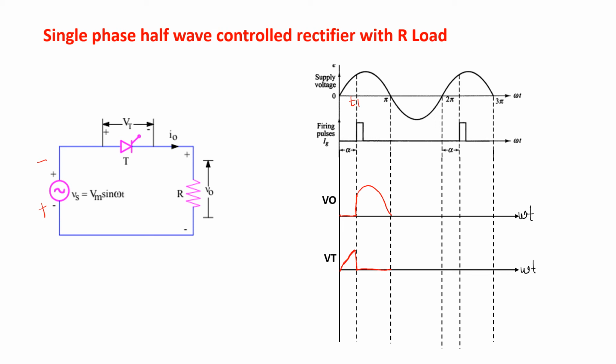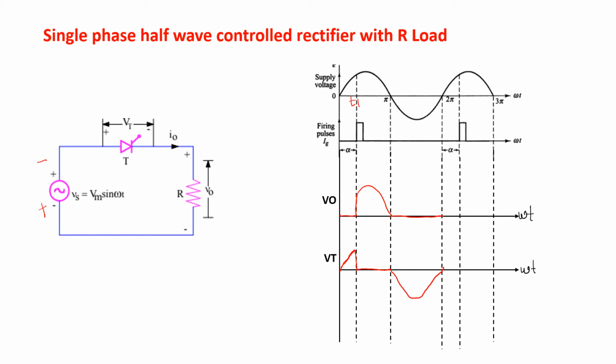It will act as an open switch and no current will flow through the circuit, so during the negative half cycle we get 0 output voltage. When the SCR is in the off condition, it offers very high resistance, and if we measure the voltage across the SCR, it is approximately equal to the supply voltage. As the input voltage changes, the voltage across the SCR also changes.